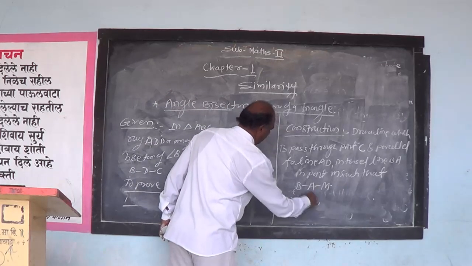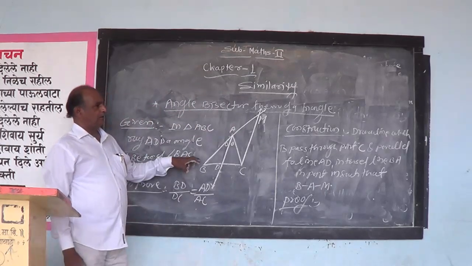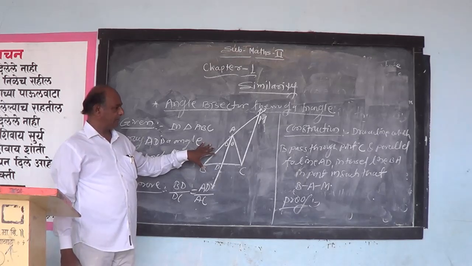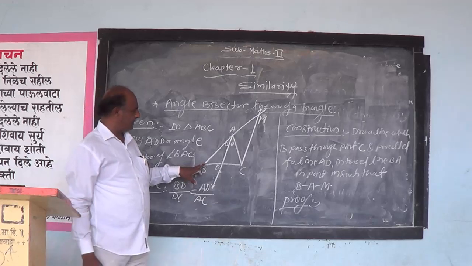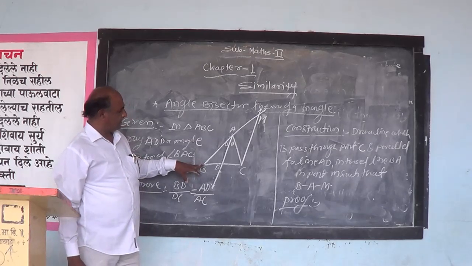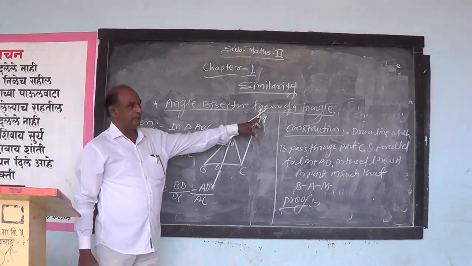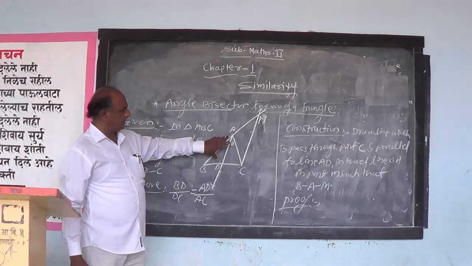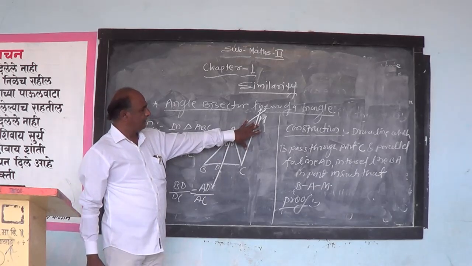The proof is as follows, by using the properties of the ratio of triangles. See carefully in the figure, in triangle BMC. In the construction, line AD is parallel to line BC.